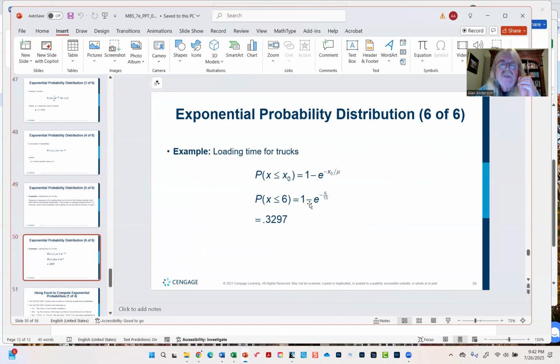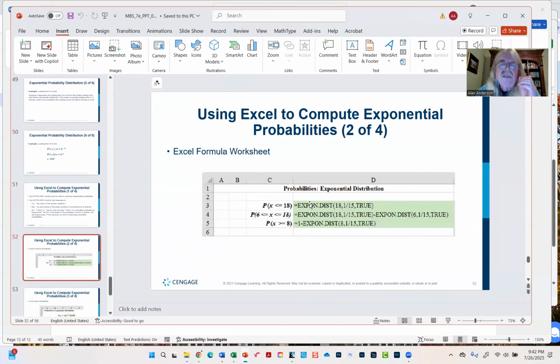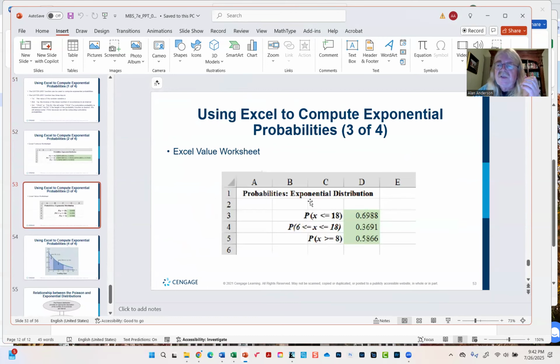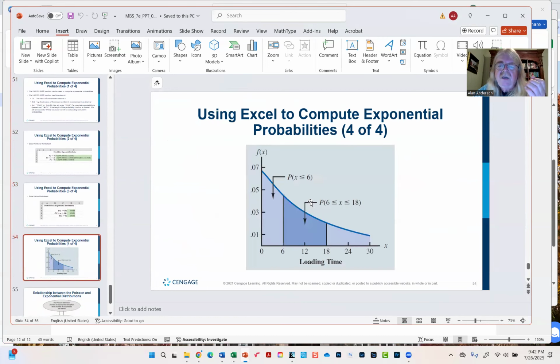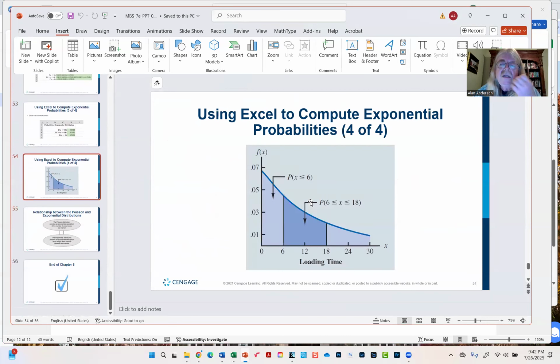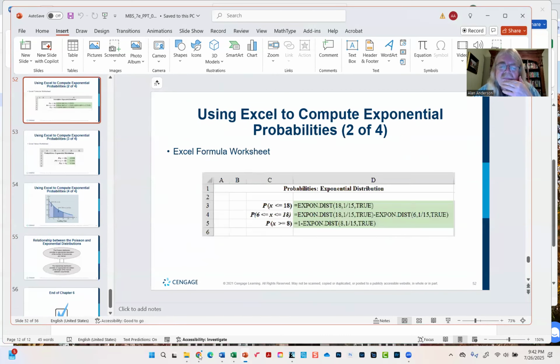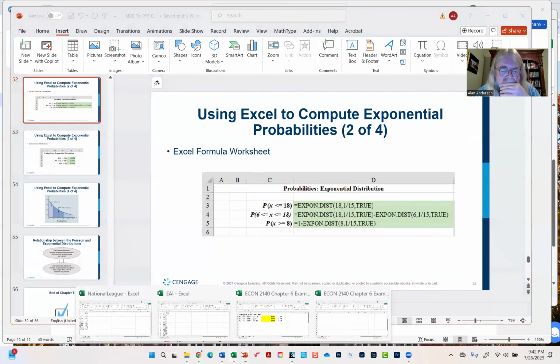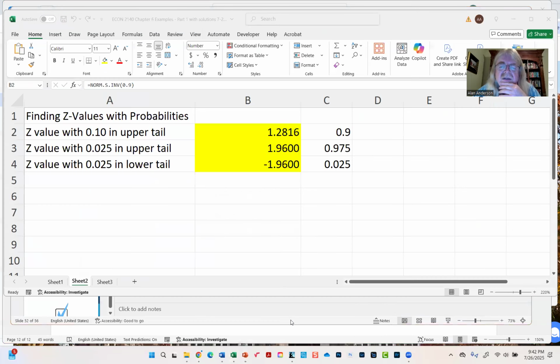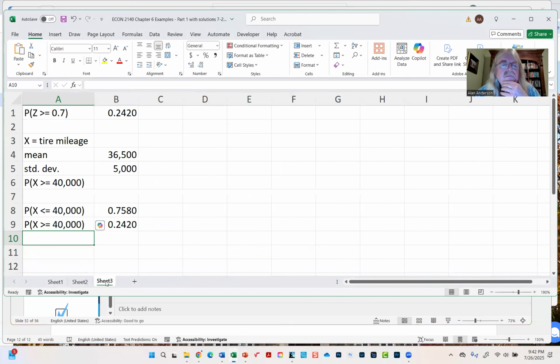And let's see. And luckily, as it turns out, this is built into Excel. So let's quickly wrap this up. And this is in our spreadsheet, by the way. This is the last tab in part two, rather.